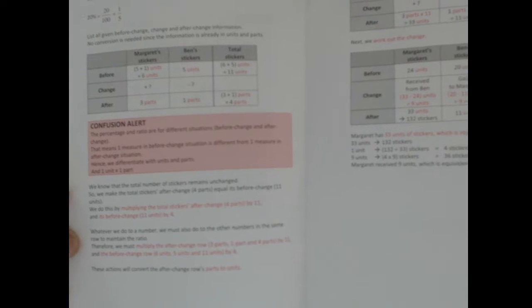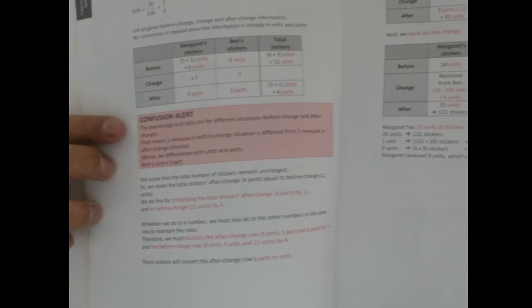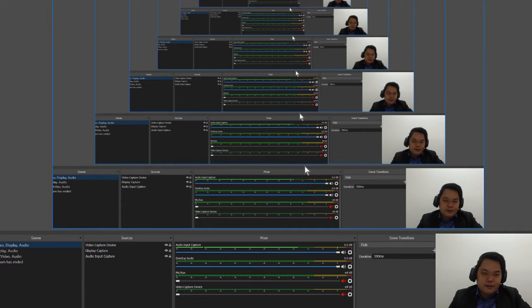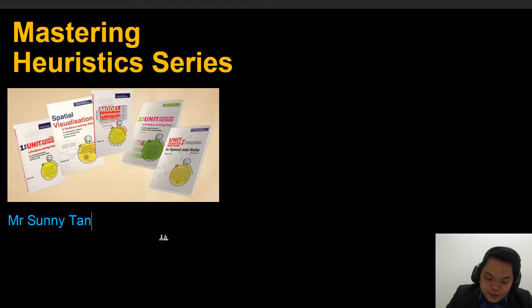It breaks down the thought processes and it highlights confusion alerts for common mistakes. To complement this, we also have an app that presents the content in a more interactive manner, so more on that later.